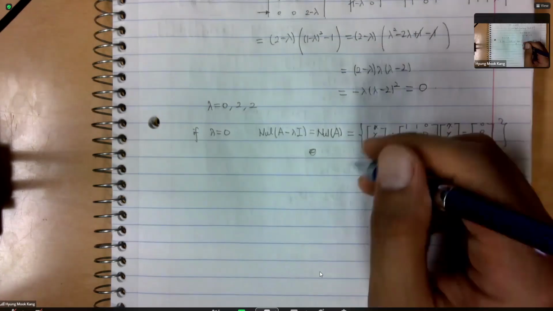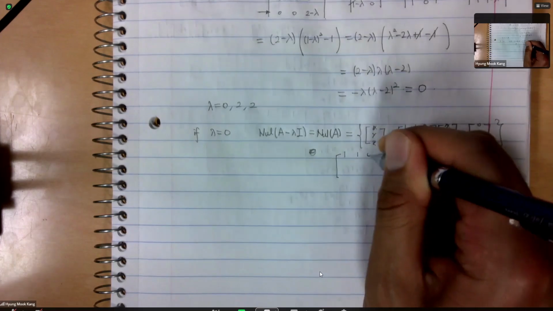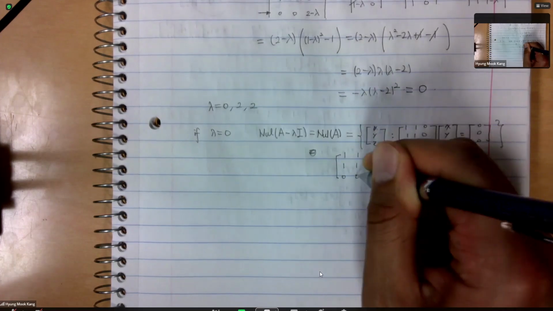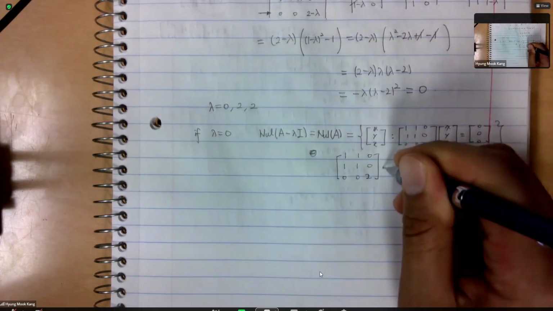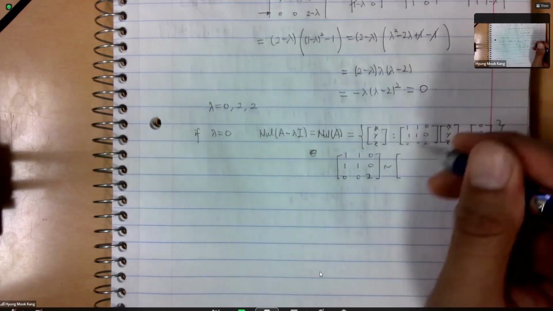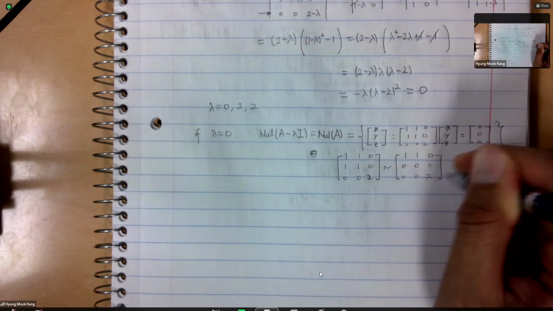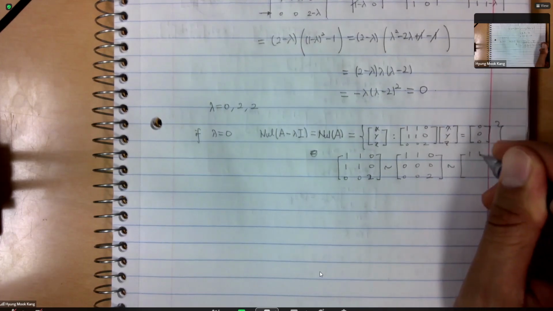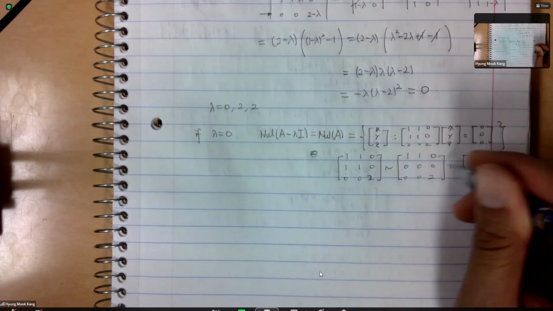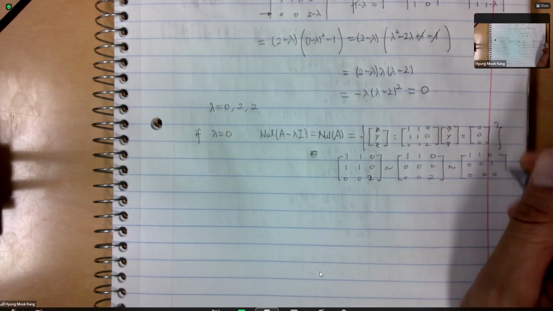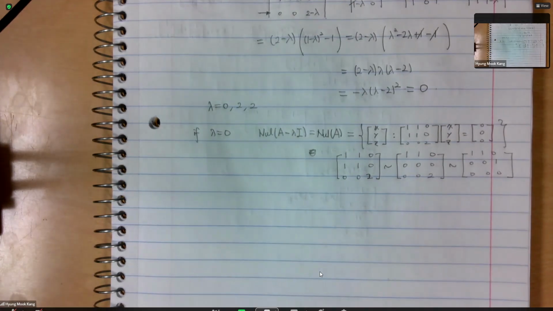So row reducing it, we get 1, 1, 0, 1, 1, 0, 0, 0, 2. So first pivot, eliminating the bottom, 1, 1, 0, 0, 0, 0, 0, 0, 2. It's just going to be 1, 1, 0, 0, 0, 1. So pulling up and dividing by 2, and 0 on the bottom.